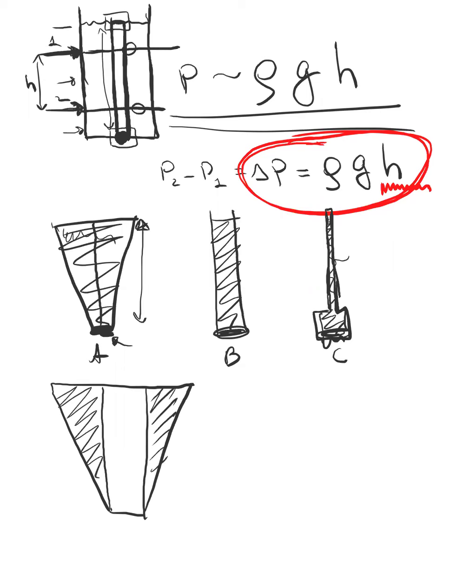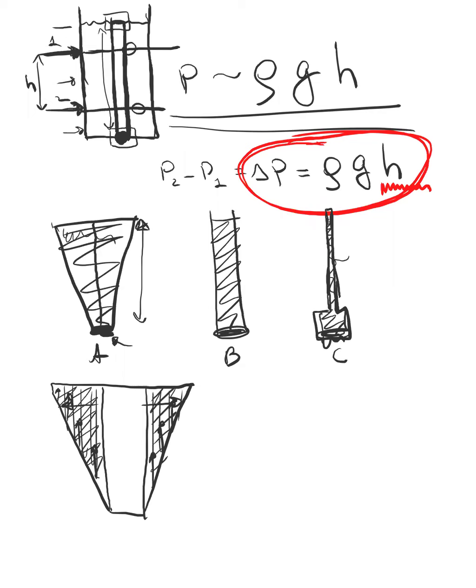But the weight of this section is supported by this extra wall that we just created by enlarging our vessel to the left and to the right. So anyway, the shape doesn't matter. The only thing that matters is the height, h.